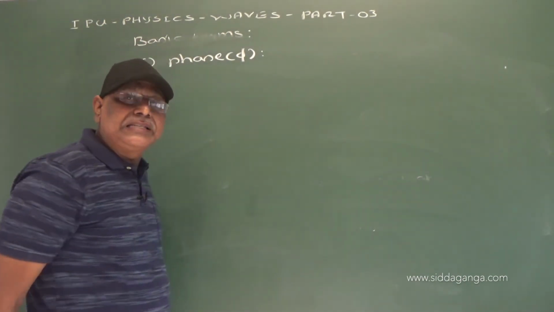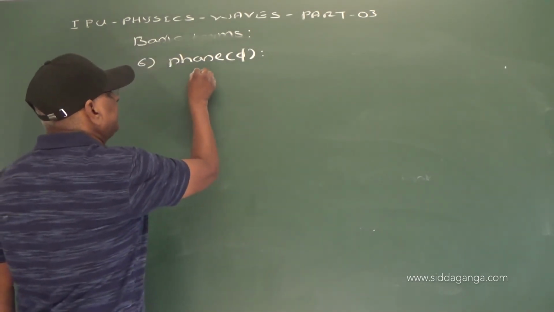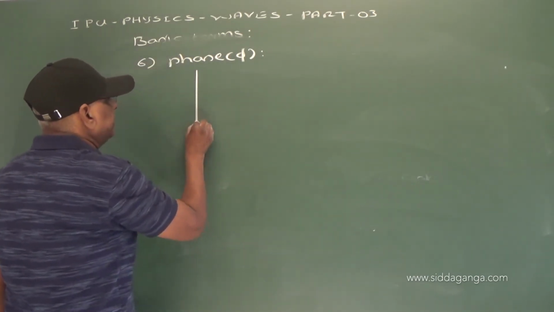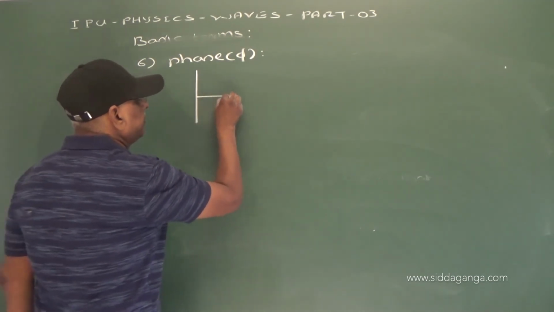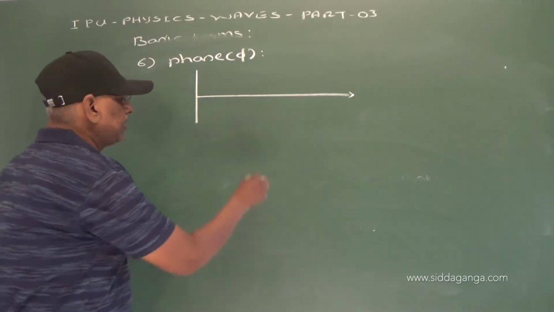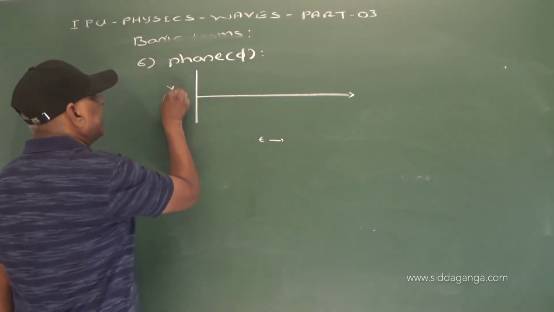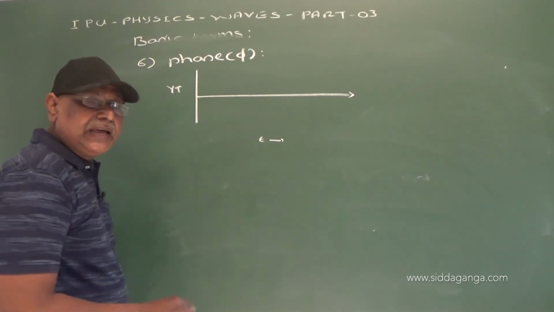Now, let us consider a wave propagating through a medium. That wave can be represented by plotting a graph of displacement against time.